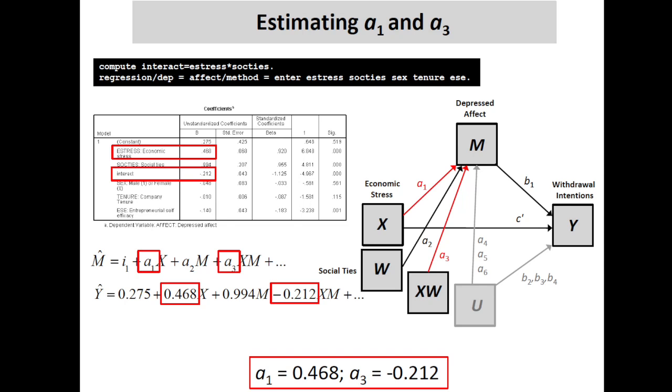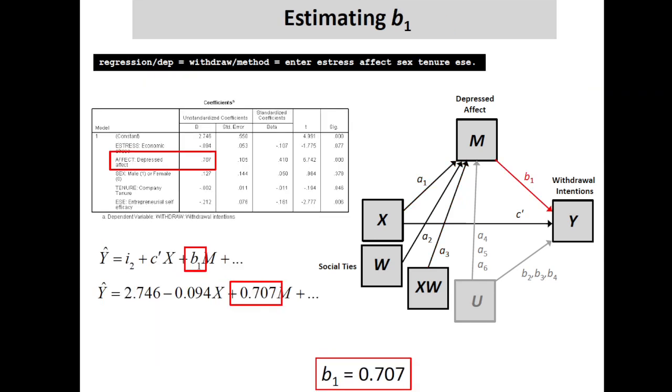So A1 and A3 are those two values. B1 is simple. We've seen this before too. There's the 0.707 that we saw from the simple mediation analysis. And now we've got everything we need. We needed A1, we needed A3, and we needed B1.